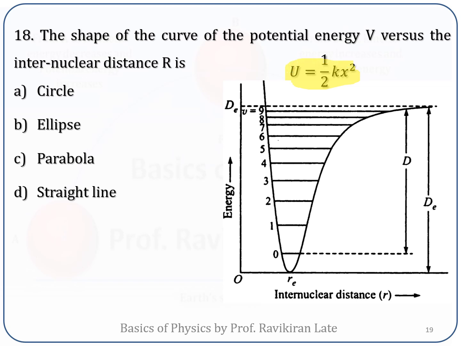If you plot this expression, you will get a parabolic curve. But due to some anharmonic terms, in reality you don't get an exact parabola, but it will be like this. So the shape of the curve of potential energy versus internuclear distance r is an approximate parabola. So option C is the correct answer for this question.